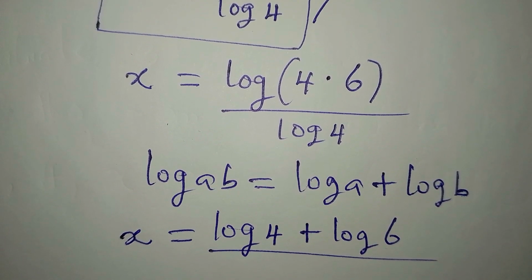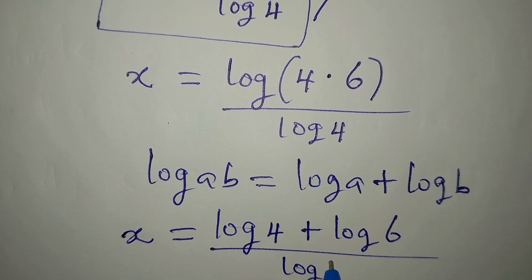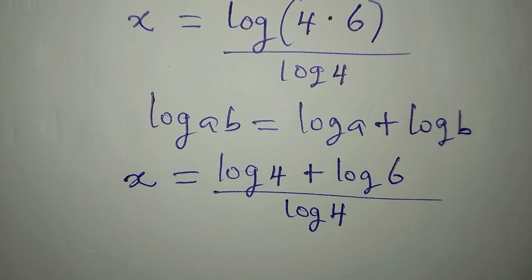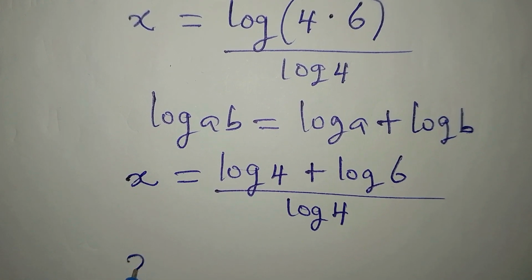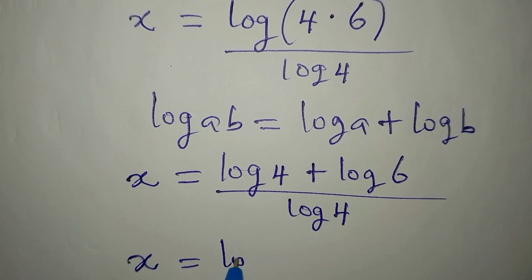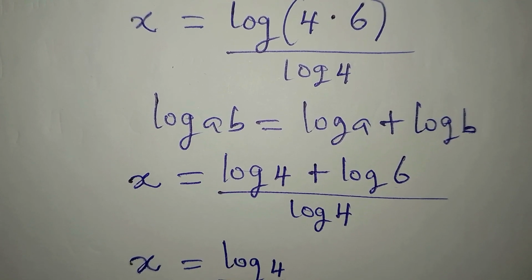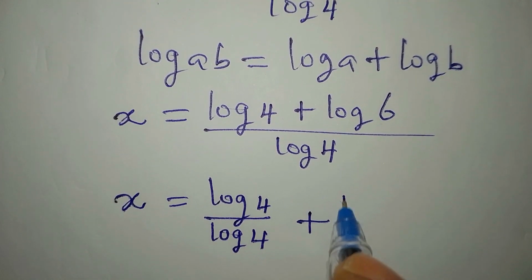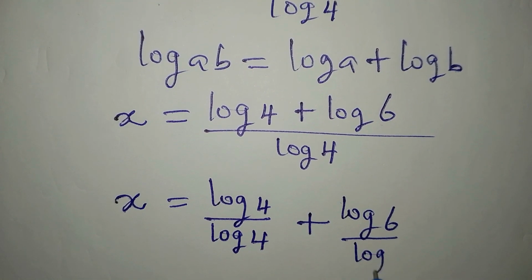Then we divide that by log 4, because we have log 4 under. And again, you should know that this log 4 is for both numerators. So x is equal to log 4 divided by log 4 plus log 6 divided by log 4.